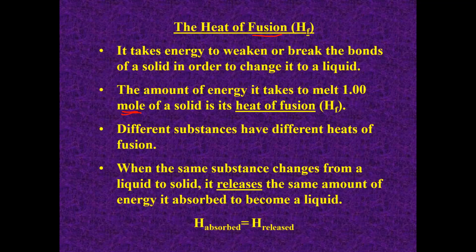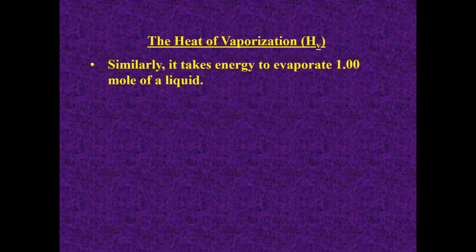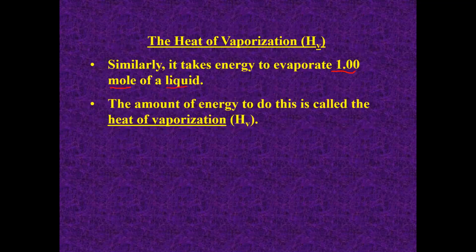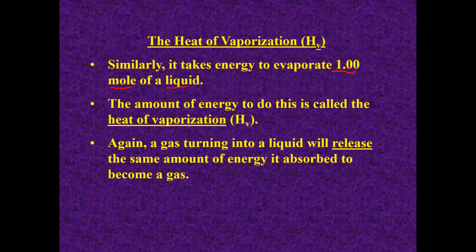Heat absorbed equals heat released. Heat of vaporization: it takes lots of energy to evaporate a certain amount of a liquid. That is called heat of vaporization. Again, a gas turning into liquid will release the same amount of energy it absorbed to become a gas. Heat absorbed equals heat released.